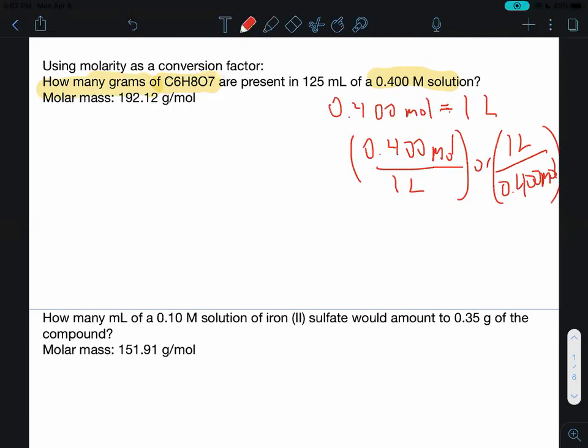And we can do that by using the volume of the solution and the molarity. So it's going to go from volume of solution, to moles of solute, and then finally to grams of solute.